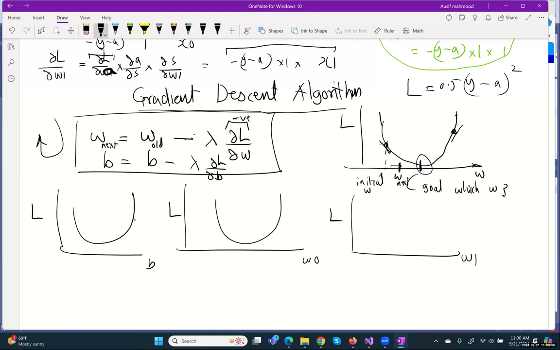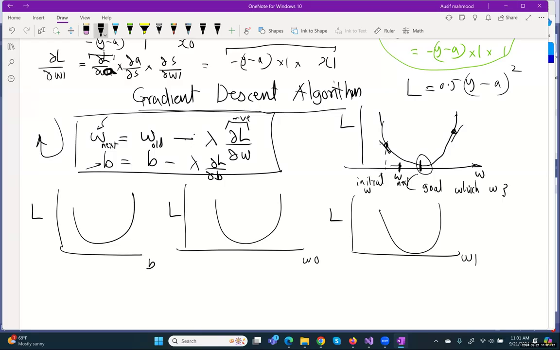As we repeatedly apply these updates, whatever the final value of W or B becomes will be the ideal that reduces the loss to the lowest.